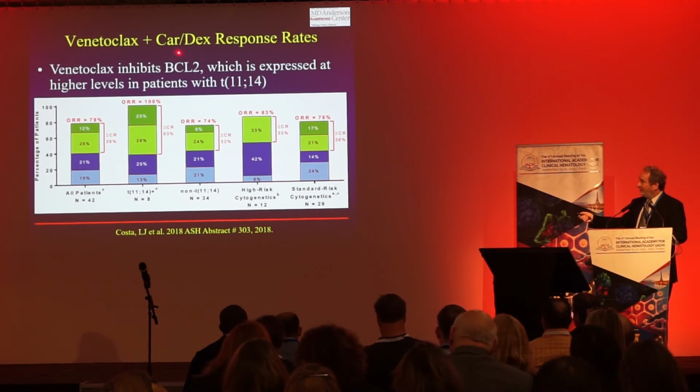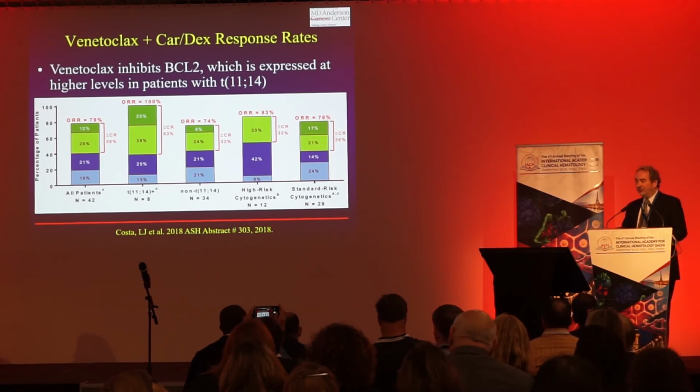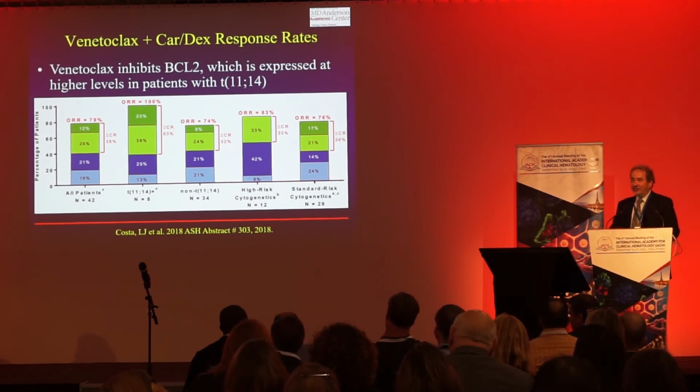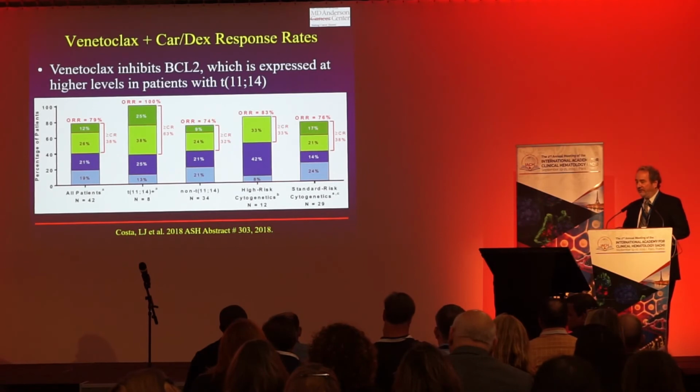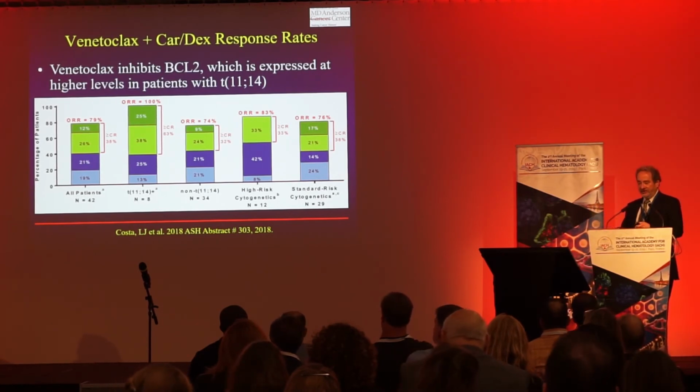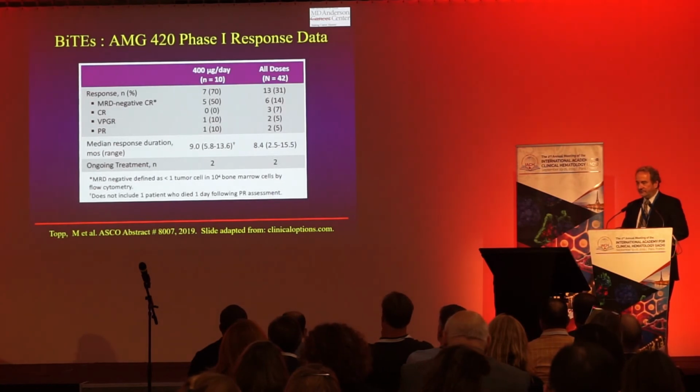This is with carfilzomib and dexamethasone, but really any regimen containing venetoclax should be given to patients with 11;14 in the relapsed setting, and one could see maybe even incorporating that as a frontline for 11;14 patients in the future.